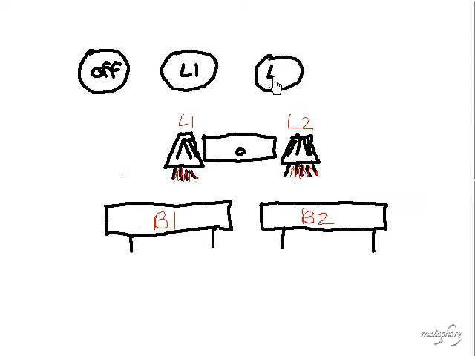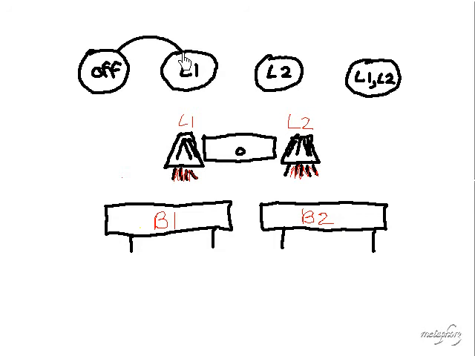We have a state when L2 is on, and then we have a state right here where L1 and L2 are on. So this is a four-state finite state machine, and this is very typical of the kind of switching that you'll have in a hotel room for lights, or perhaps in your house if you've got a multi-way light bulb, multi-switch capability.